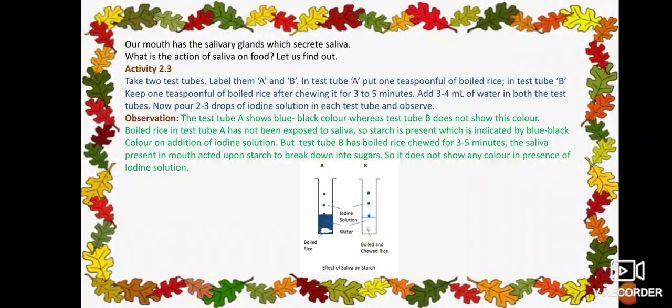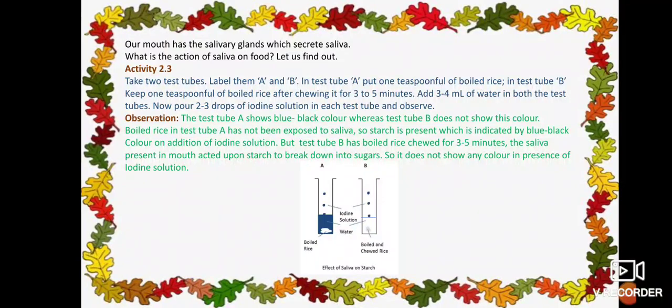And we did an activity to find the action of saliva on food. What did we do in that activity? We took two test tubes and labelled them test tube A and B. In test tube A we put boiled rice. In test tube B we put boiled rice which was chewed for 3 to 5 minutes.